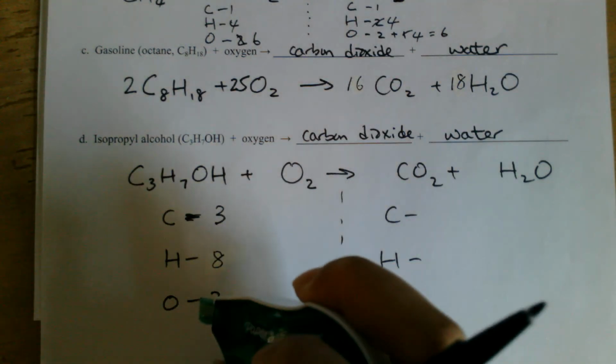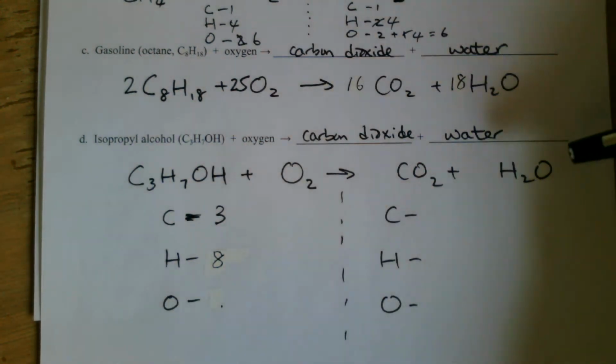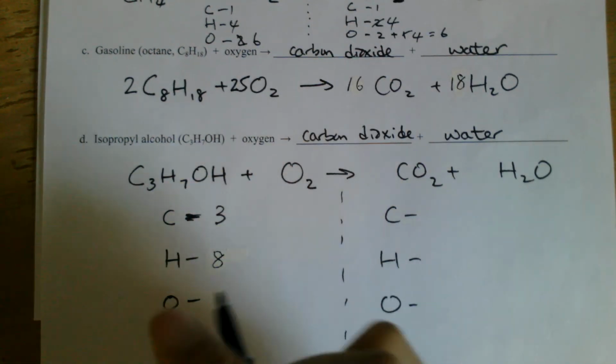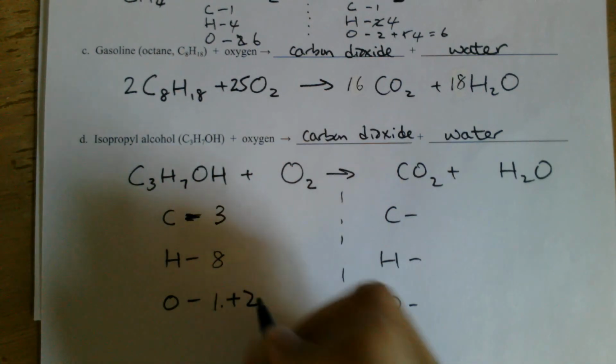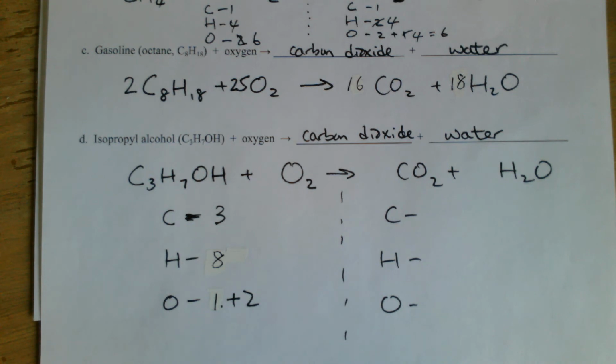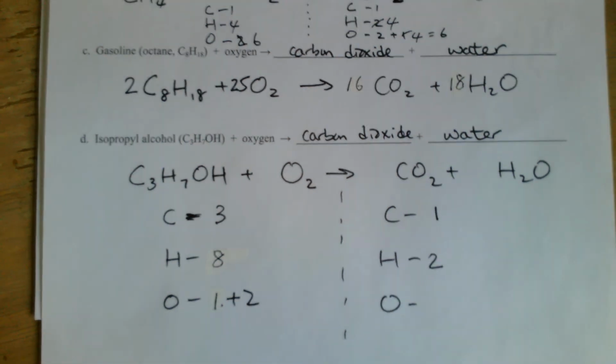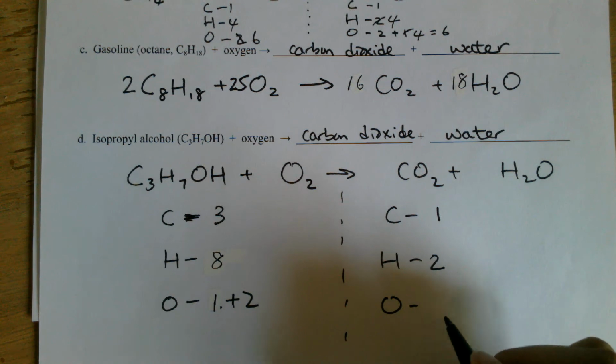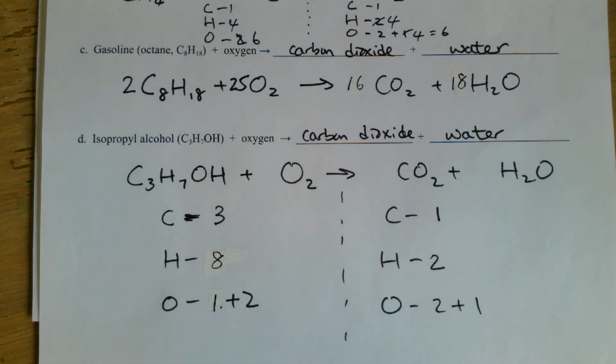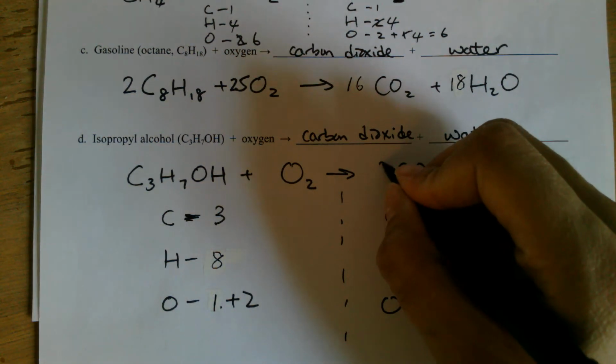Actually, 1 plus 2. We have 1 here and 2 here. So 1 plus 2. On the right side, we have 1 carbon and 2 hydrogens and 2 plus 1 oxygen. So to balance our carbon, we need to multiply CO2 by 3.